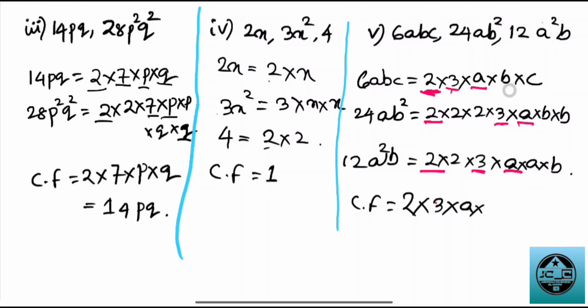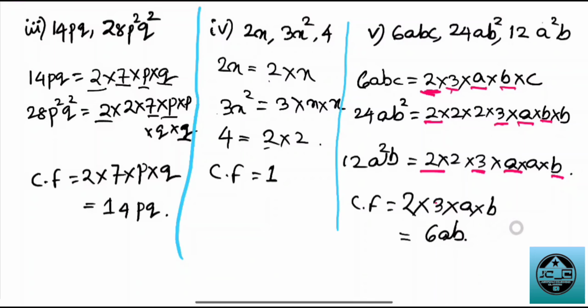Then we have b here, b and b. Clear? So we should be writing b here. Is there any other factor that is present in all the terms here? No. That's why the final answer should be 2 into 3 is 6ab. This is the final answer.